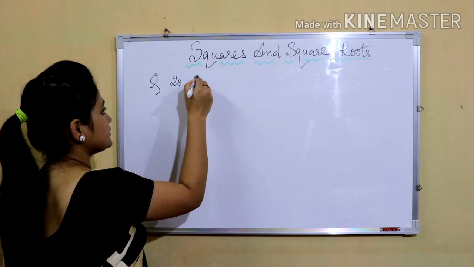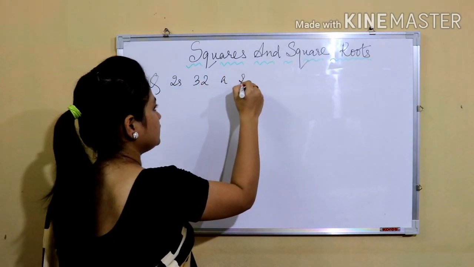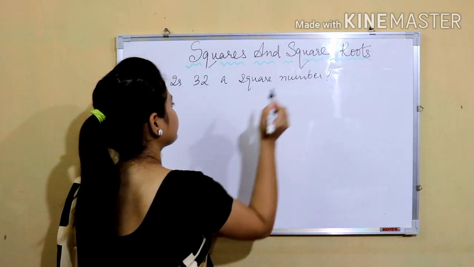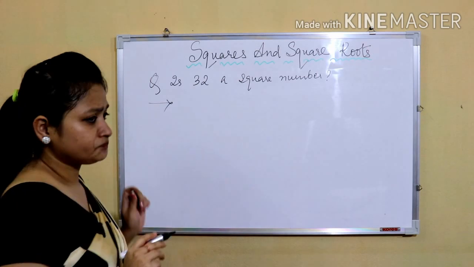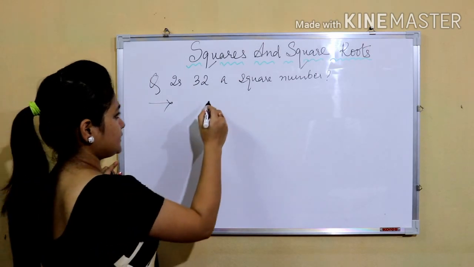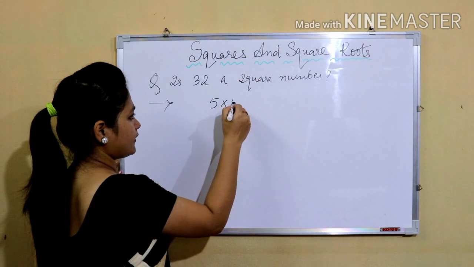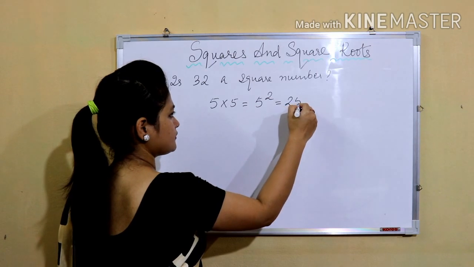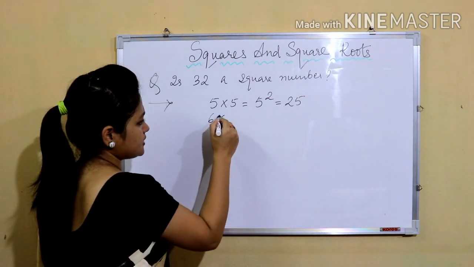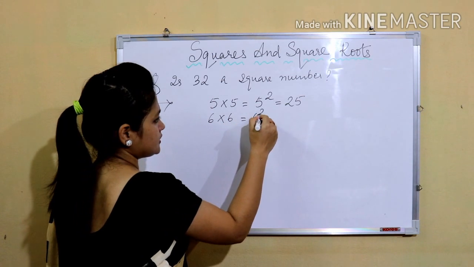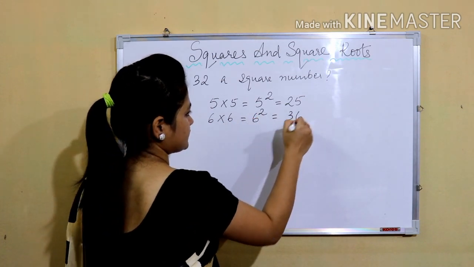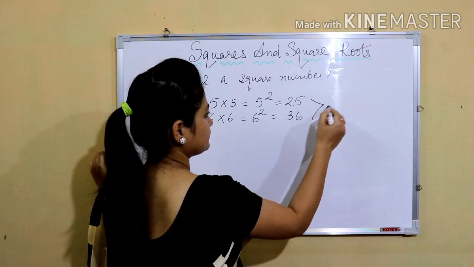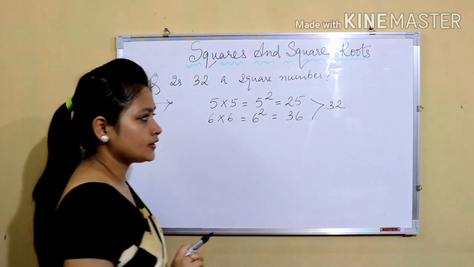Okay. Is 32 a square number? We know that 5 into 5, which is 5 square, is 25. 6 into 6, 6 square, is 36. This number 32 will lie between 25 and 36.